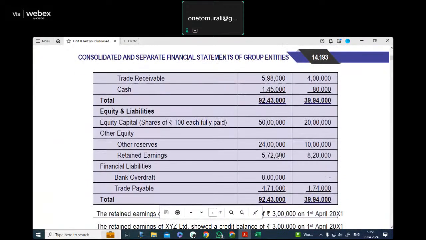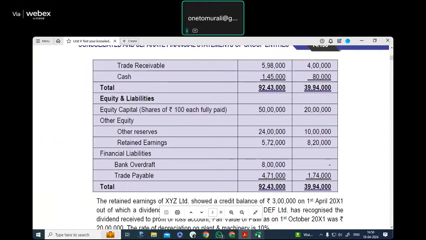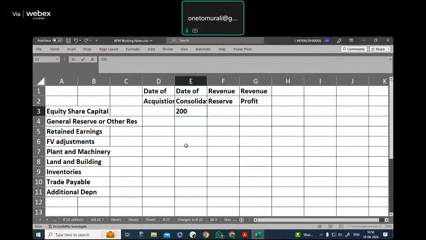You will take up 20 lakhs, 10 lakhs, 8 lakhs. Under that, the same.